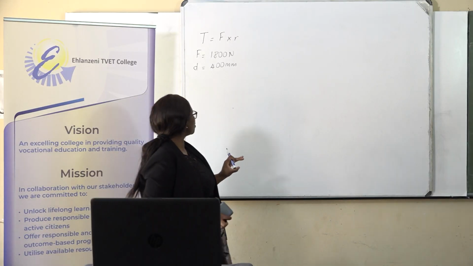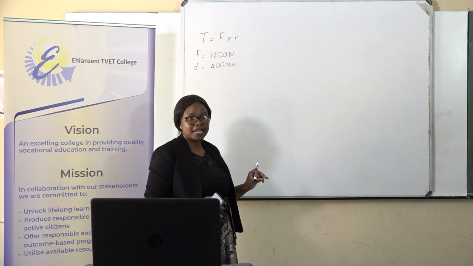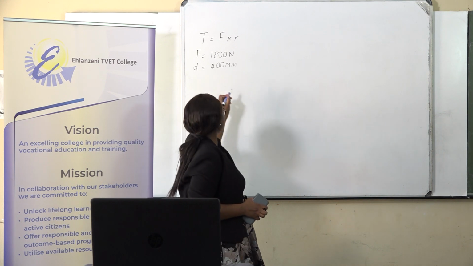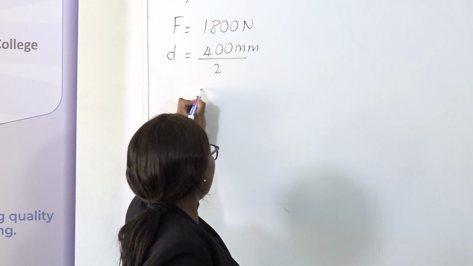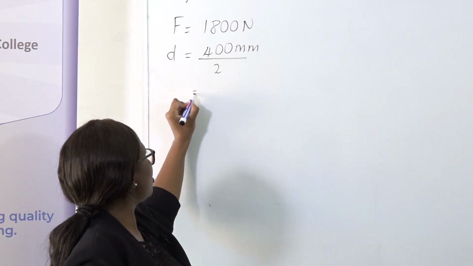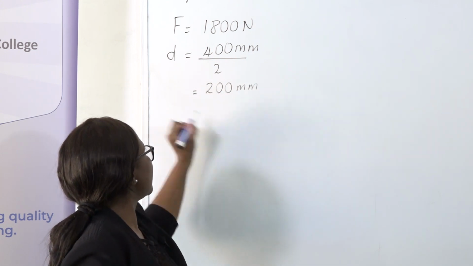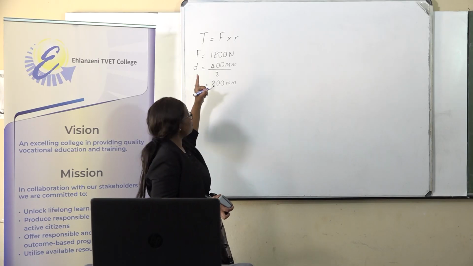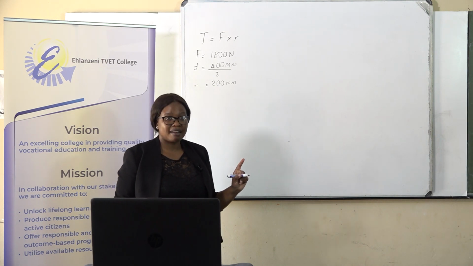So we need to change the diameter to radius. How do we change the diameter to radius? We divide 400 by 2. Then we get 400 divided by 2 is 200 millimeters. That's our radius.